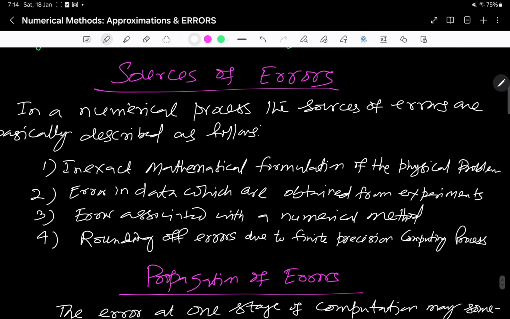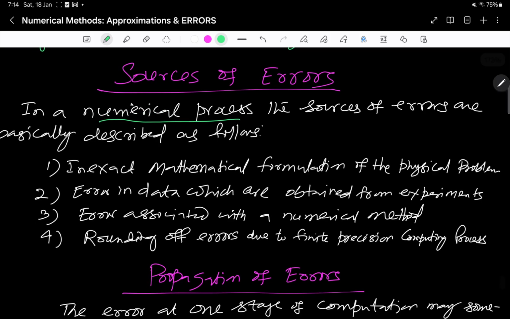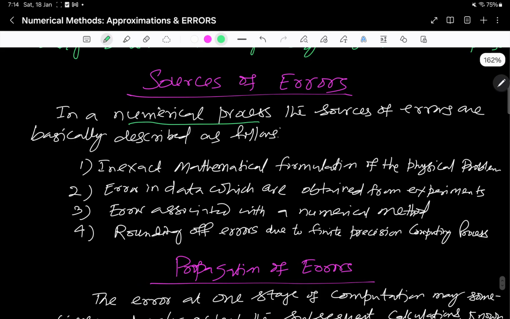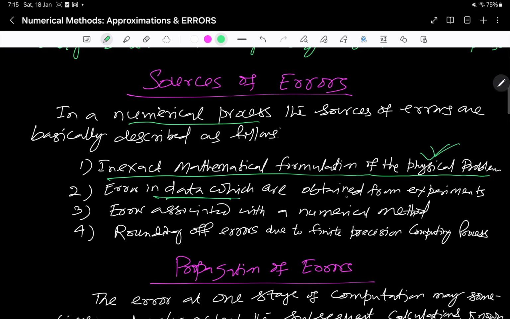Okay, now let us see what the sources of error are and what propagation of error is. Coming to the sources of errors, as I have told you, in a numerical process the sources of errors are basically due to the following. Inexact mathematical formulation of the physical problem. Error in data obtained from the experiment. Error associated with the numerical methods, as I have told, the rate of convergence of the numerical methods.